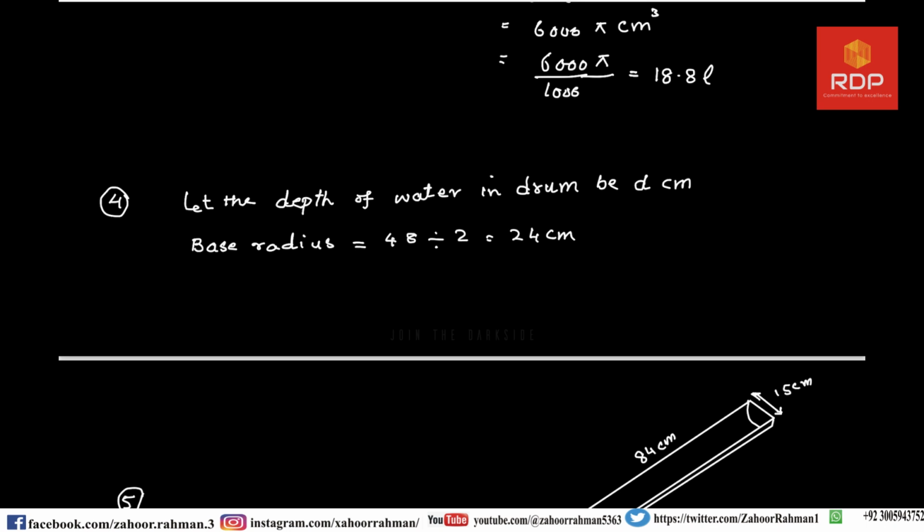So let us now say 150 liter. Here I am saying that 150 liter is equal to 150,000 milliliter, and that will be equal to 150,000 centimeter cube.